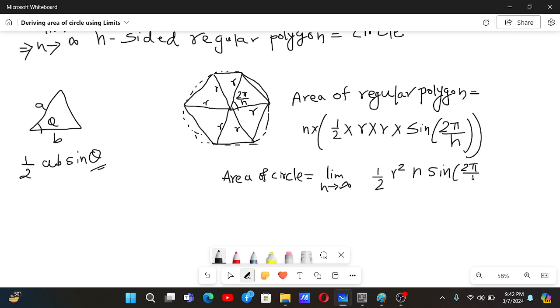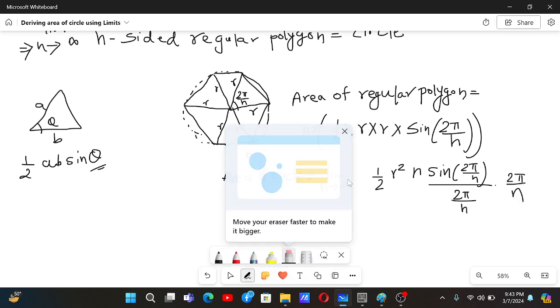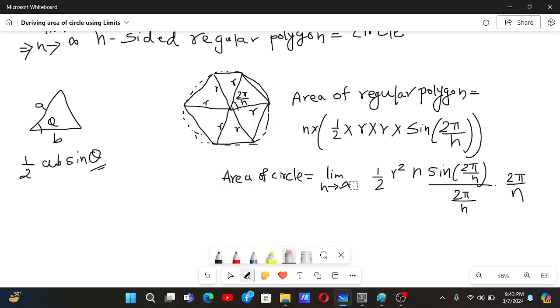Now I can write 2 pi by n over here and also over here, because these two are going to get cancelled. Also, when n is going to infinity, we know that 2 pi by n will go to 0.